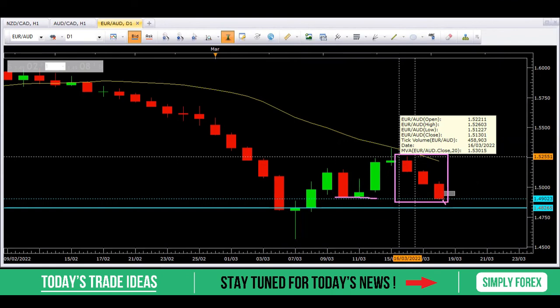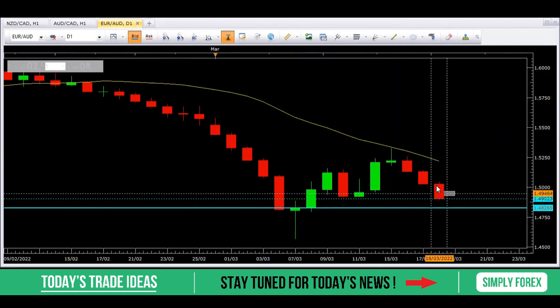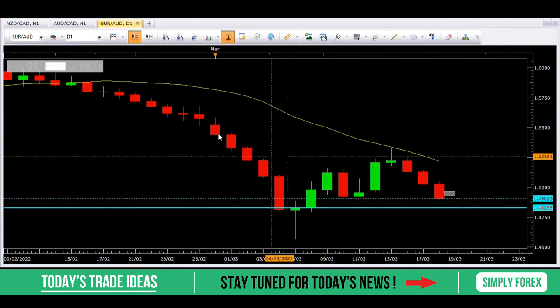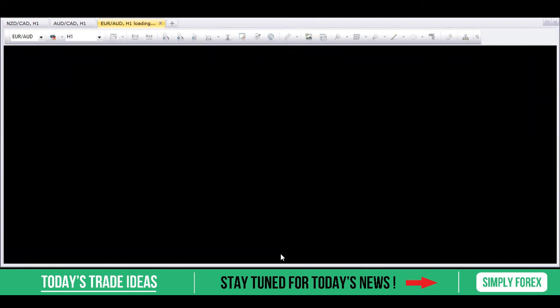So I just think we can take it just back down to this area of support here. Okay, so just down to this blue line. Okay, so we're looking to short this market, and I really like this candle as well. There's no wicks. It's very bearish. The body's very full.